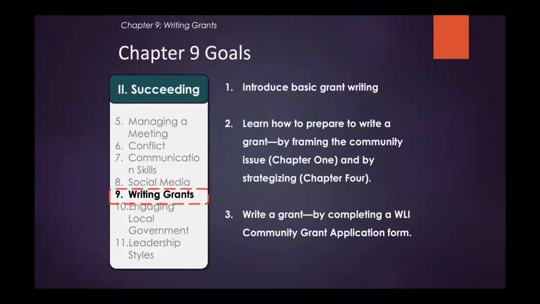And so our second goal is to learn more about preparing the grant itself by framing the community issue and by strategizing. So putting into practice some of the things that we've already covered earlier in this course based on chapter 1 and chapter 4.